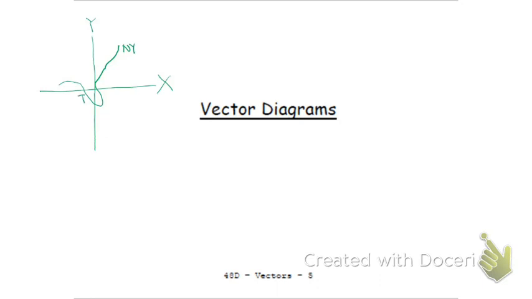If I want to go from Tampa to New York, that's my displacement vector. That's my delta x. And because it's a vector, we put an arrow over the top. It's like a magnitude and a direction. So that's pretty obvious.